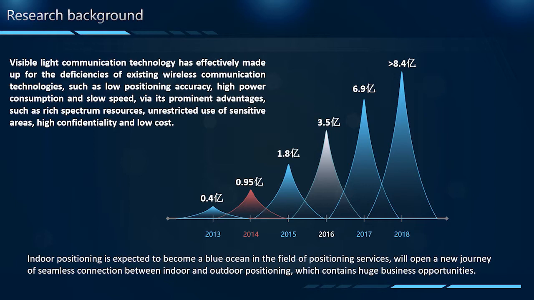Compared with other wireless communication technologies, visible light communication technology has its own preeminent advantages, such as rich spectrum resources, unrestricted use of sensitive areas, high confidentiality, and low cost.